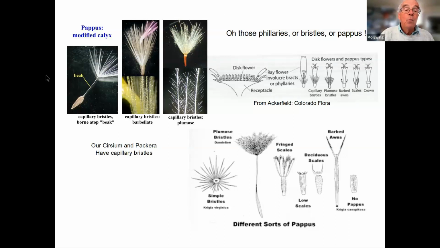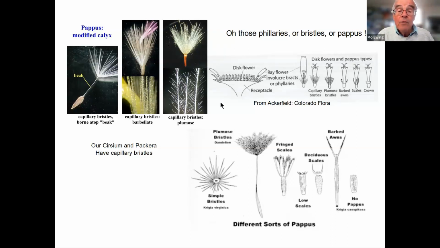So this is one group of pappus types that she's going to split species into. And then the other types are all the others, which are either fringe scales, low scales, barbed awns, or no pappus at all.